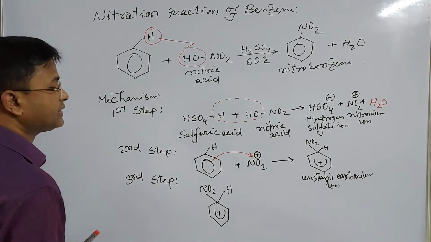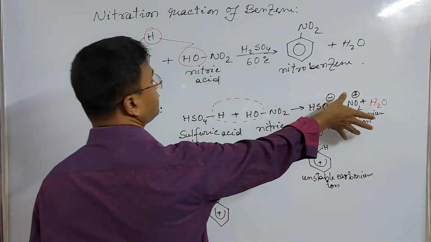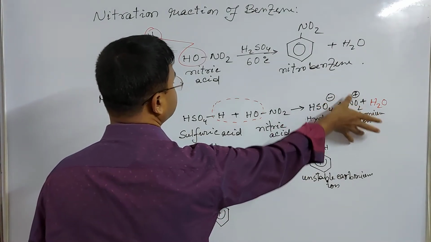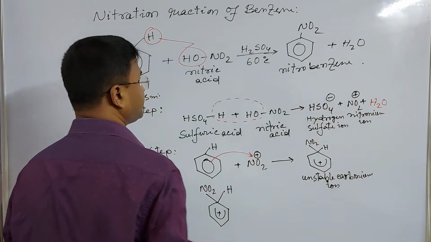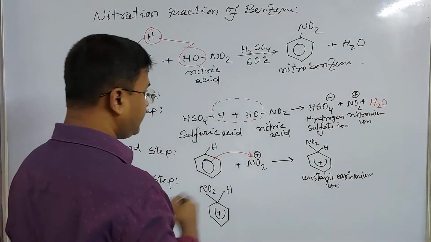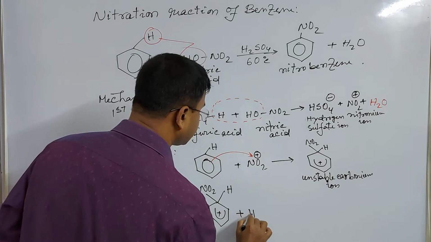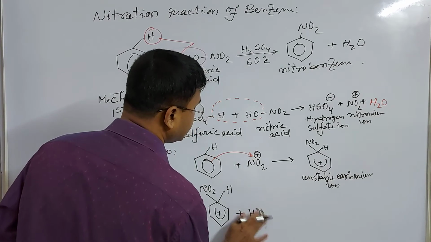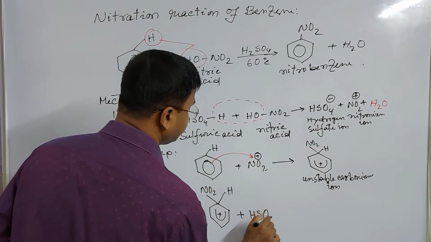Already I have written the nitronium ion, the positive electrophile for the first step, and the remaining ion is the hydrogen sulfate ion. Then I am going to write here the hydrogen sulfate ion, and you know that the hydrogen sulfate ion is actually a negative ion.